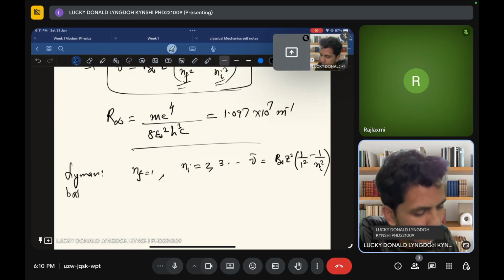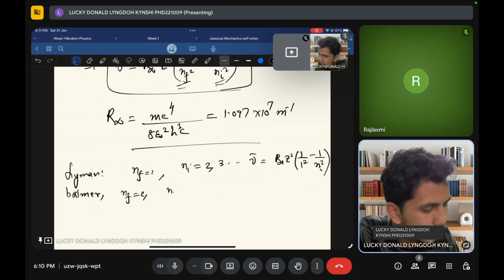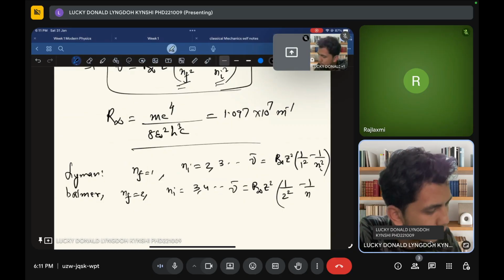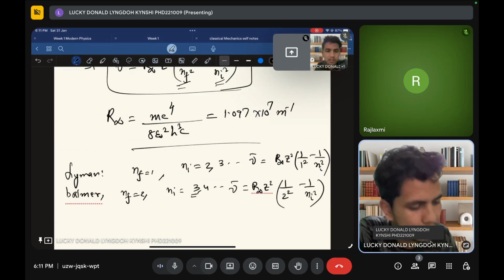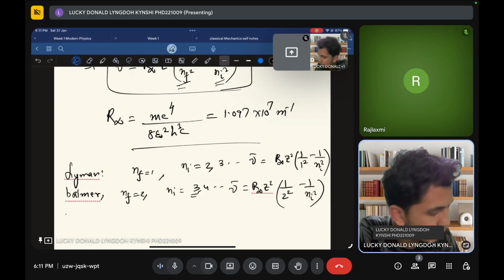Balmer is nf equal to 2, ni is equal to 3, 4, and so on. That means mu bar is equal to R infinity Z square 1 by 2 square minus 1 divided by ni square. Here ni starts from 3, not from 2, it starts from 3. Then Paschen, nf will be equal to 3, and ni will be equal to 4, 5, and so on.